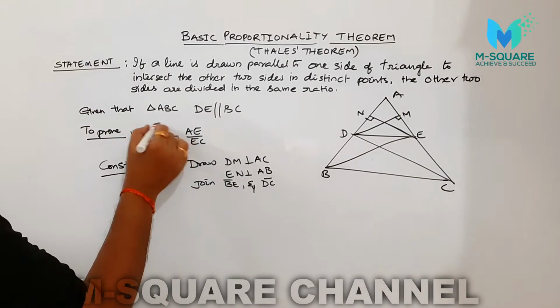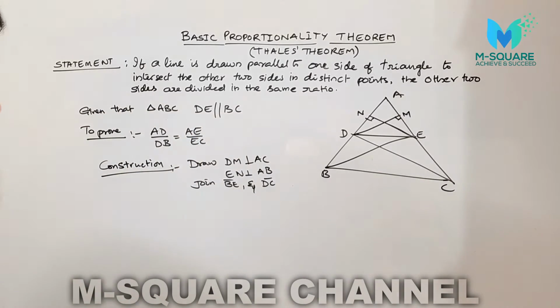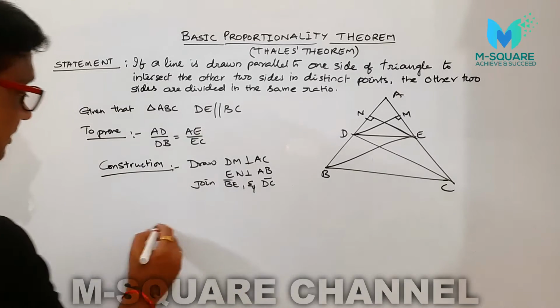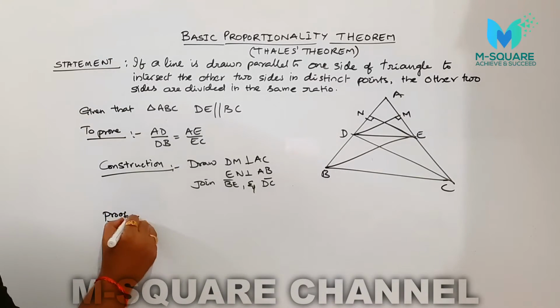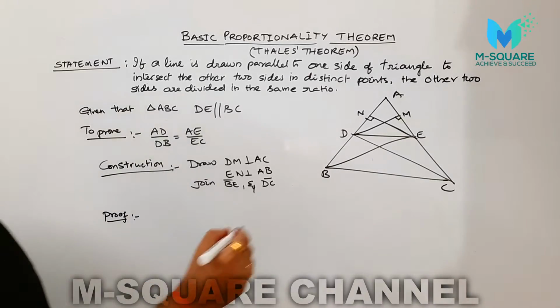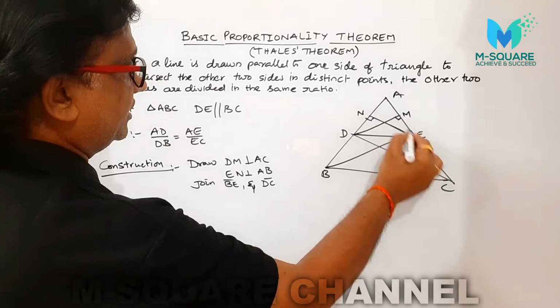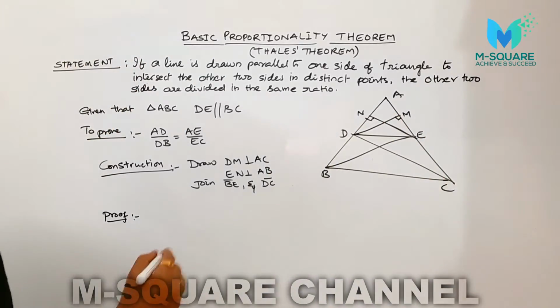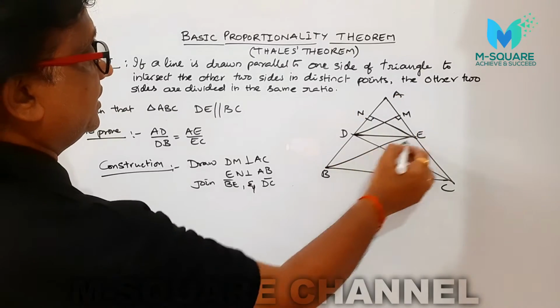Now the proof. First of all, we take AD by DB. Please see, if you take the big triangle ABE, there are two triangles, ADE and BDE.